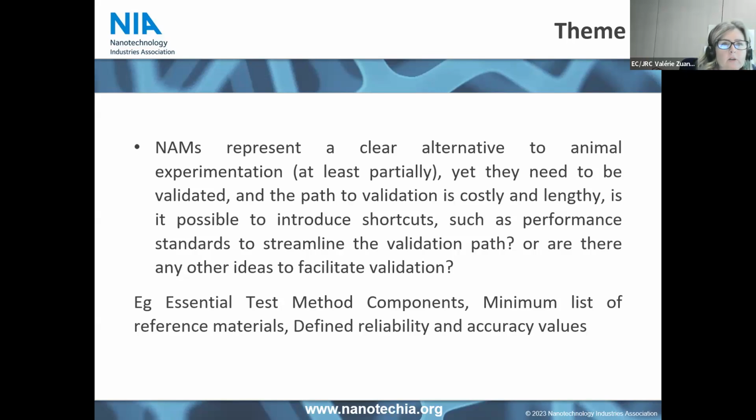This created a lot of confusion. And still today, there are people understanding under NAMs really only in vitro, in silico methods, and others who use the broader definition. So that's why we decided to call our status reports, for example, non-animal methods.